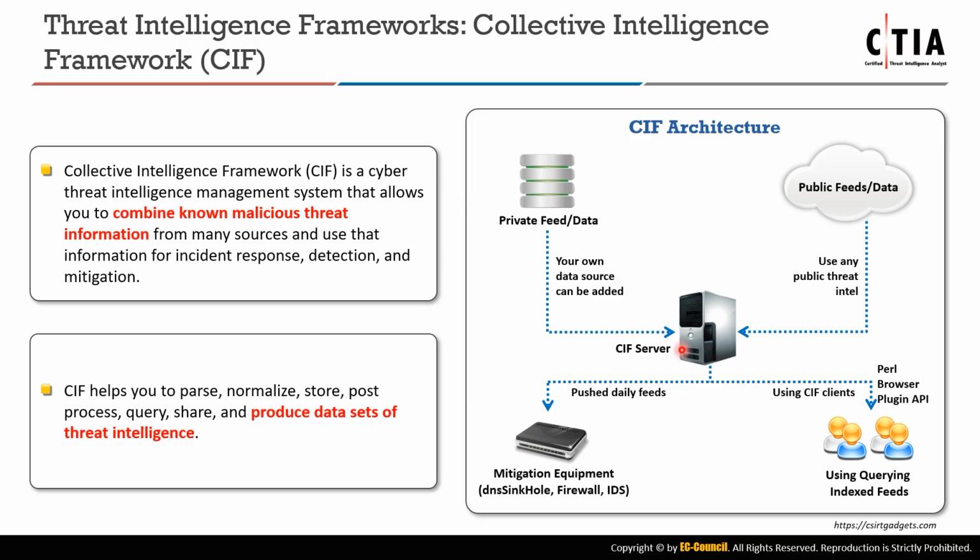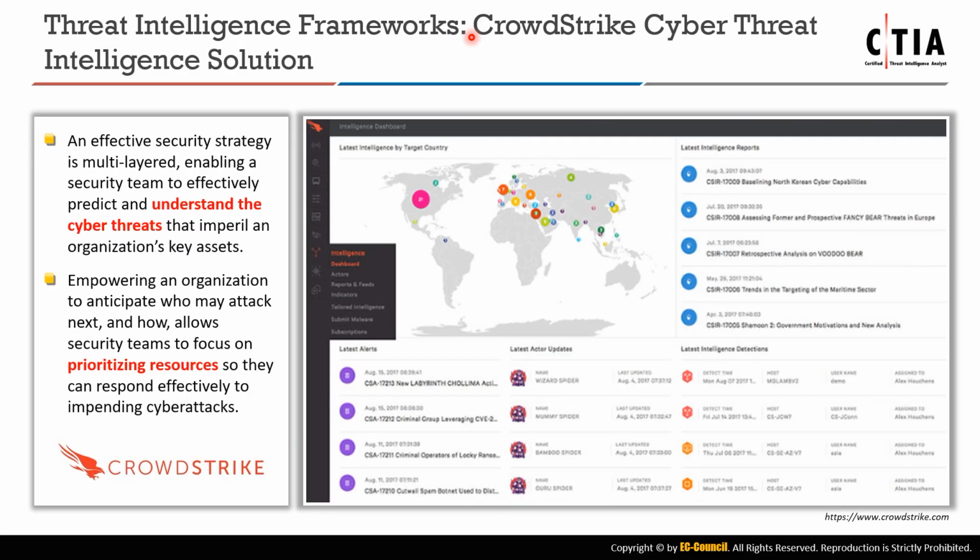And take that information and output it to mitigation equipment, like your DNS sinkhole, firewall, or intrusion detection systems. Publish those daily feeds, or use CIF clients, like Perl, browser plugins, or APIs. And so users can query index feeds to find out what's going on. So that's the Collective Intelligence Framework.